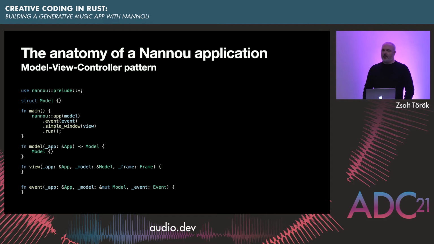So people who know the model view controller pattern might recognize that we have the model, view and event functions, which correspond to the model, view and controller part of the pattern. And the main function itself basically initializes the app, registers the event handler function, and opens up a window and runs the app. Pretty straightforward.